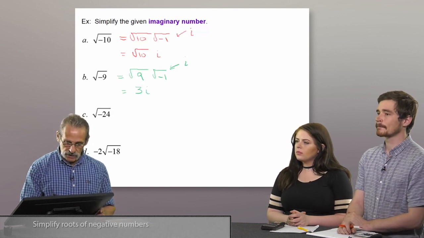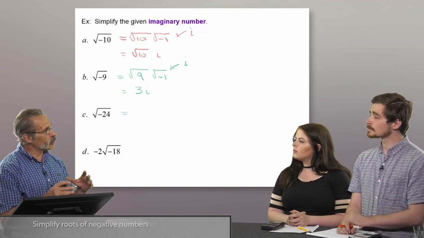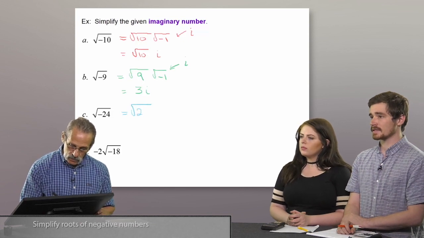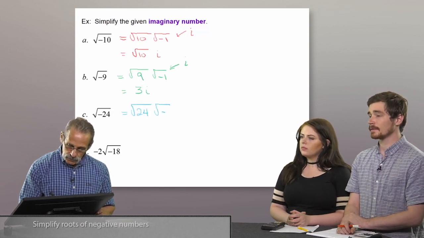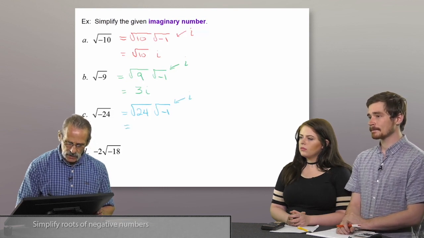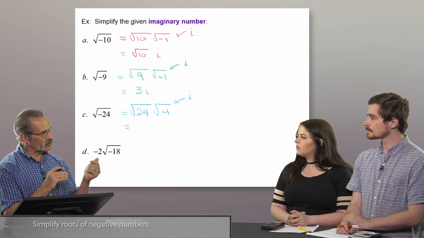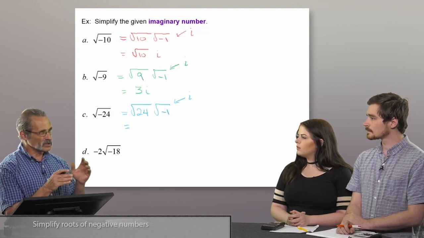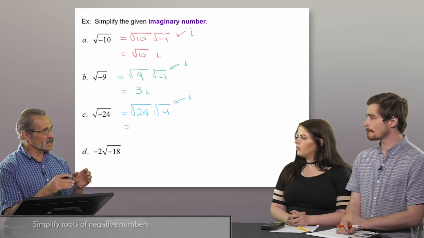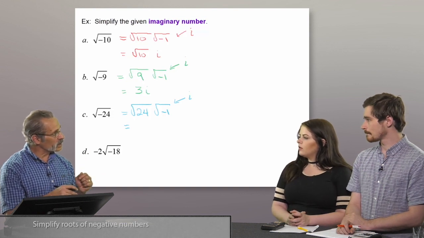Well, let's keep playing this game. I would like to rewrite the square root of negative 24 as the square root of 24 times the square root of negative 1, and the square root of negative 1 is i. The square root of 24, is there any perfect square that's a factor of it? 4 is a factor. 4 times what is 24? 4 times 6.